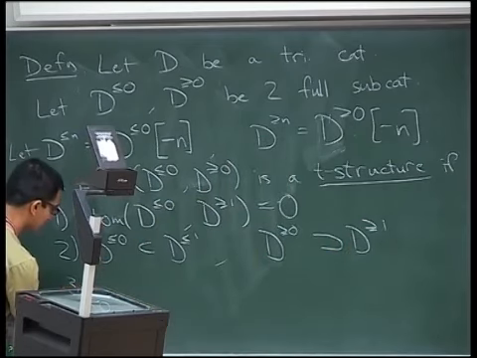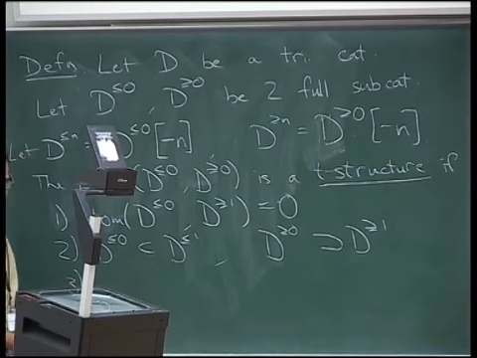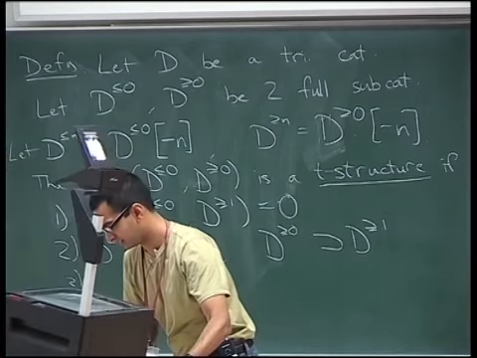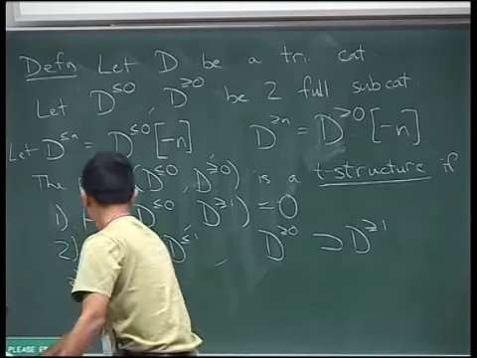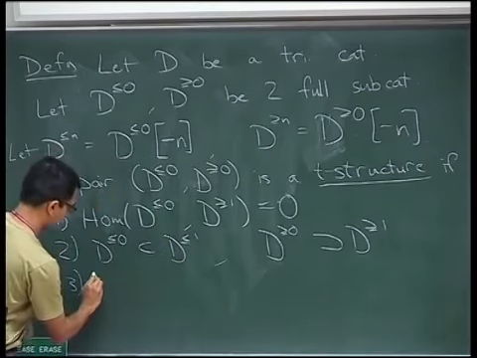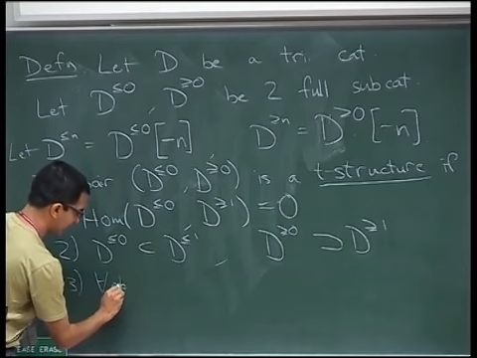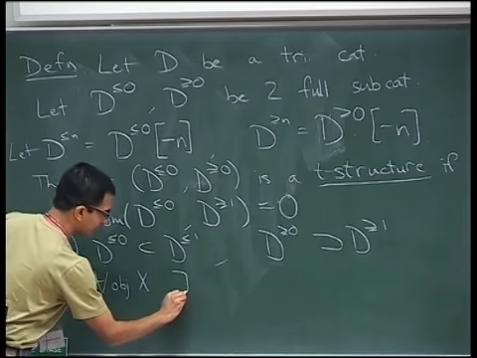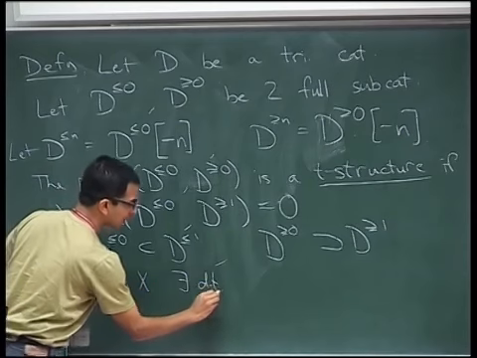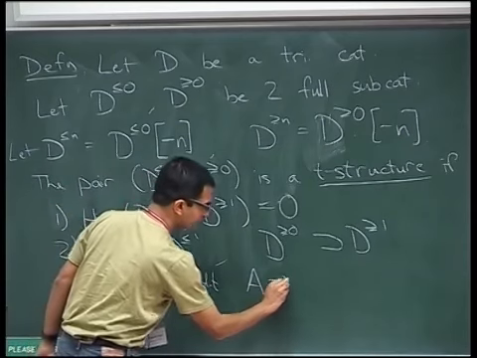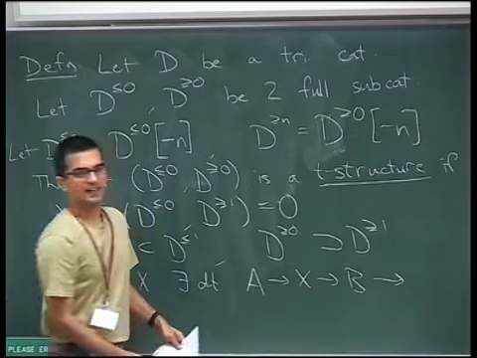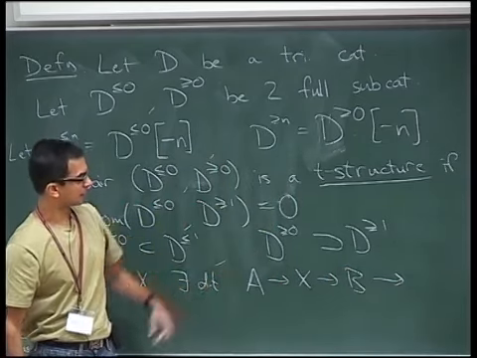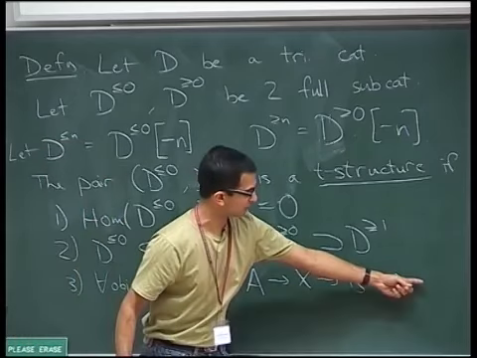And then the last axiom is maybe the most important. And it says that for any object X, there exists a distinguished triangle A going to X, going to B. Yesterday, I was always writing the distinguished triangles as 4 terms with A shifted by 1 as the last term.